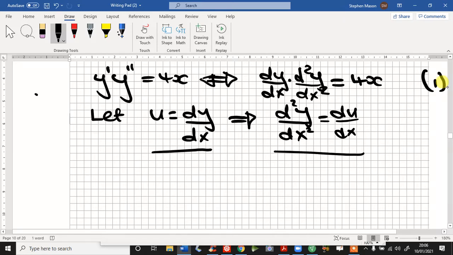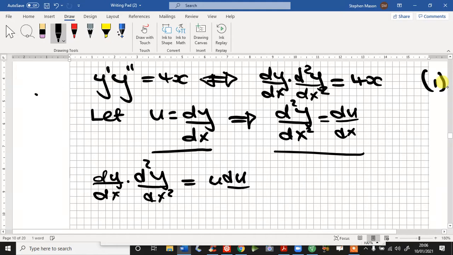So what we have is dy by dx times d squared y by dx squared. And that left-hand side is now equal to u du by dx, right?